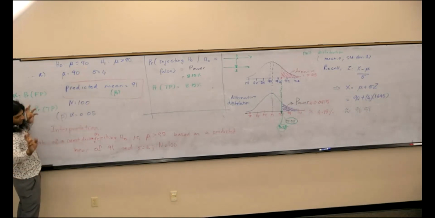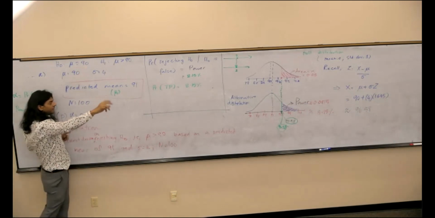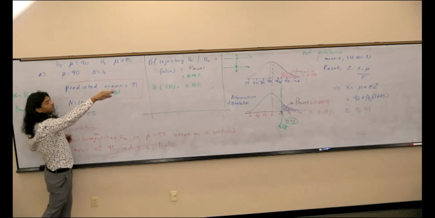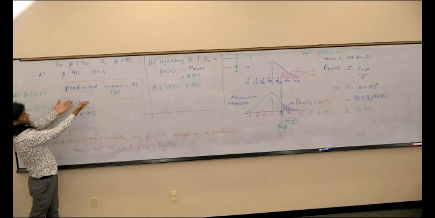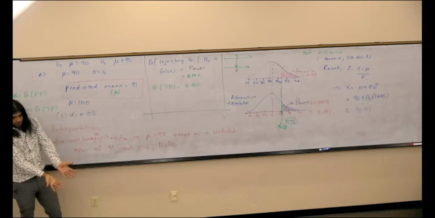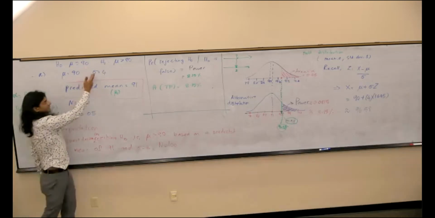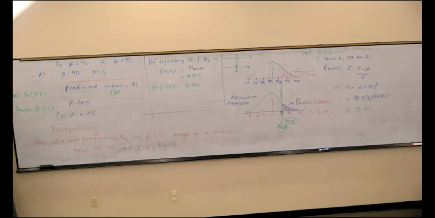That is, you are not going to say the average is less than 90. You are the researcher. Hypothetically, you say that the mean is bigger than 90 because my study gave me 91 as the average, with standard deviation 4.